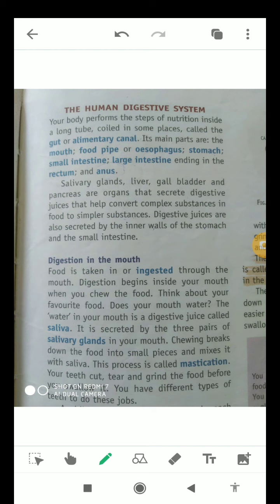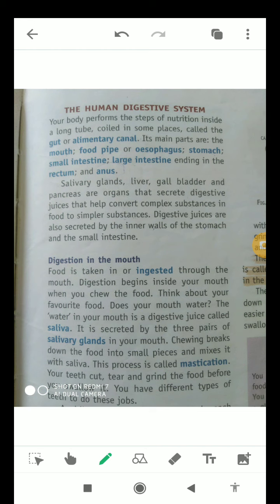So first of all, we will start from digestion in the mouth. Food is first taken or ingested through the mouth. Digestion begins in the mouth itself. Whenever you chew the food, or even think about your favorite food, your mouth gets watered, right?